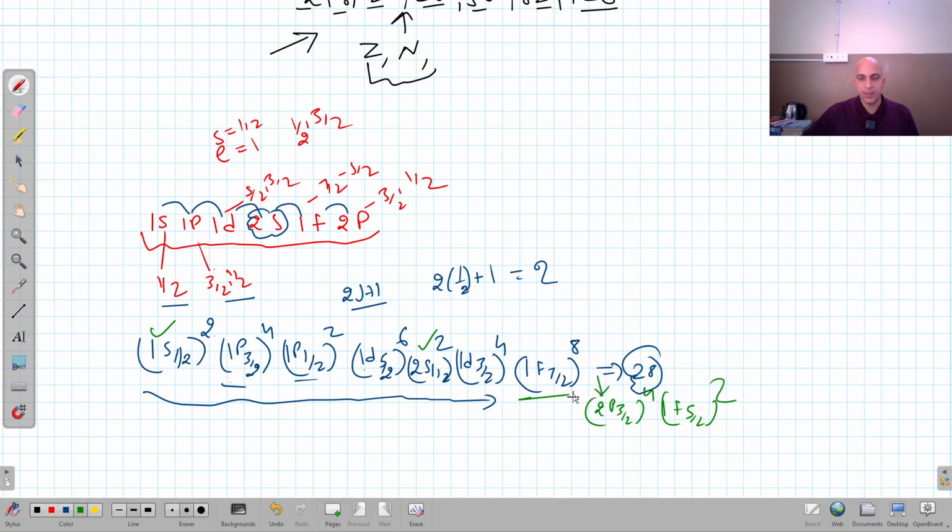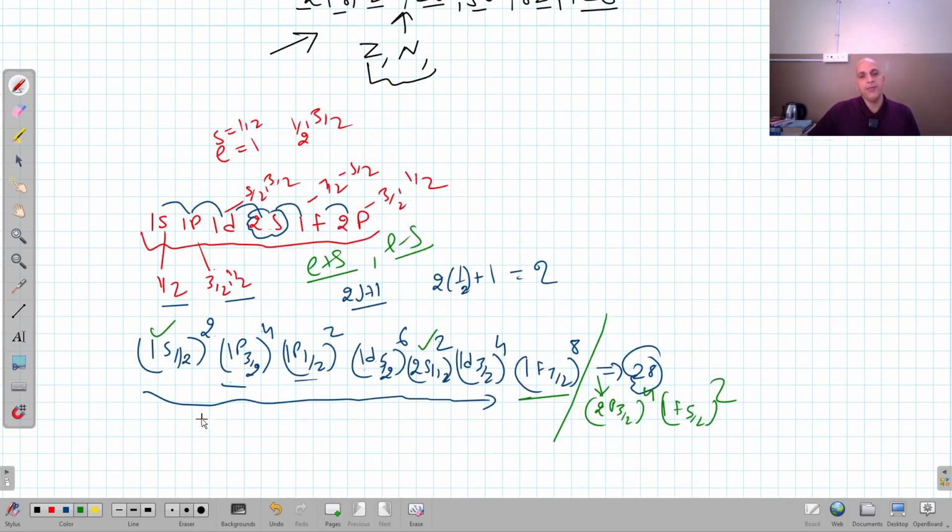Again, this will come in between, but I think up to this point it is enough. You have to remember only one thing, that 2s will come between these two. So if you remember this sequence, 1s, 1p, 1d, 2s, 1f, 2p, and that 2s comes between these two, the other thing is that the L plus S level will come first, then L minus S. These are some important things that we have to remember.